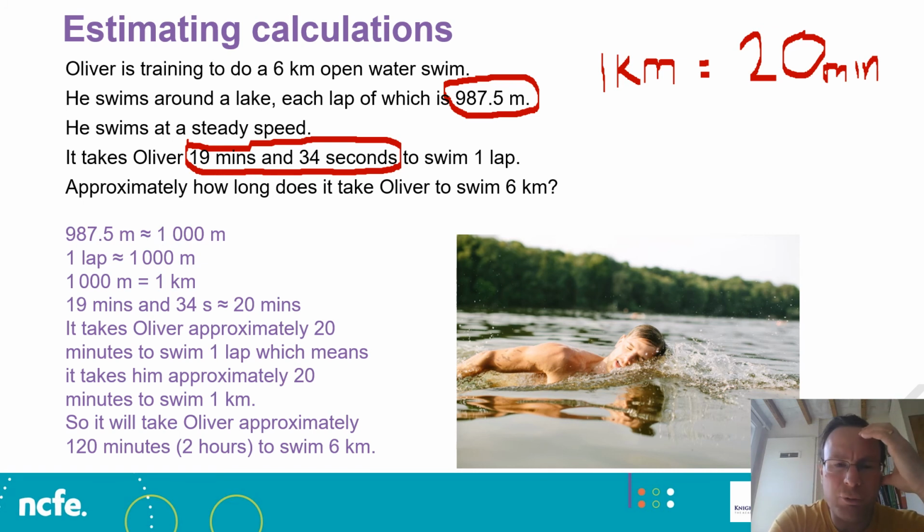So it takes Oliver approximately 20 minutes to swim one lap, which means it takes him approximately 20 minutes to swim a kilometer. So if we take that 20 minutes times the 6 kilometers, then we've got 120 minutes. So good luck, Ollie. You've got to swim for 2 hours.